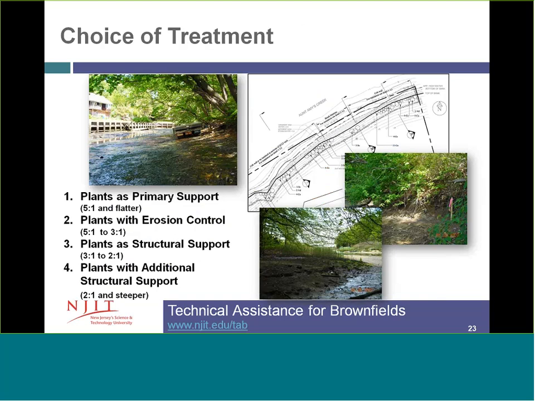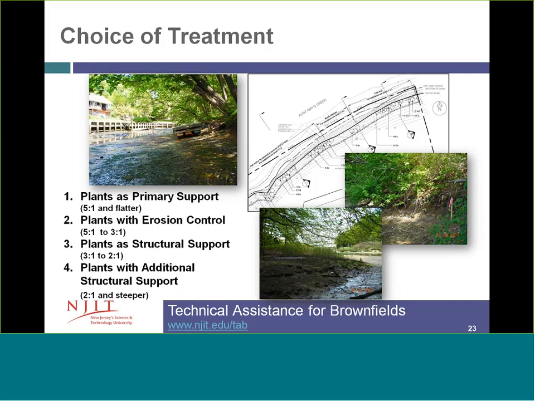I wanted to walk you through how to examine different options for treatment. When you're considering living shorelines, there's many different things that constitute living shorelines. As I said, the definition is very broad. Living shorelines can consist strictly of vegetation, or it can include erosion support, erosion control materials.